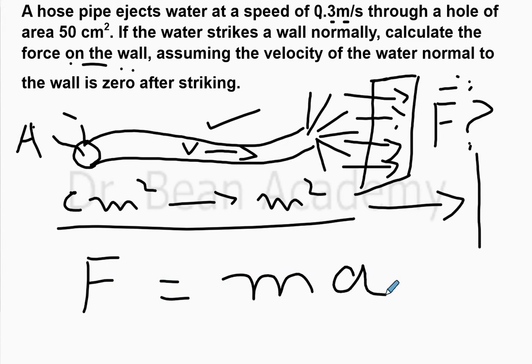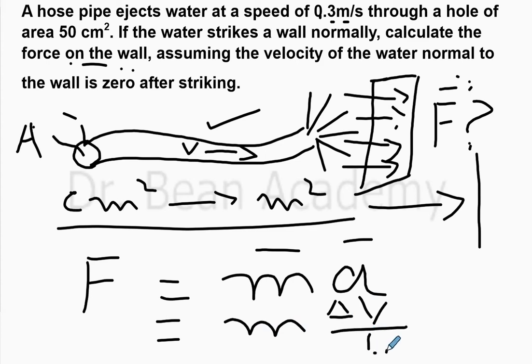So we got a clue how to calculate the force F, and we know that it is related to the mass and the acceleration. Next, I can write it as mass times the change in velocity over time, because acceleration is change in velocity over time.